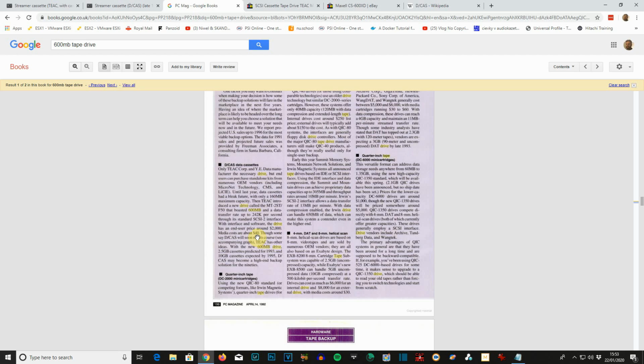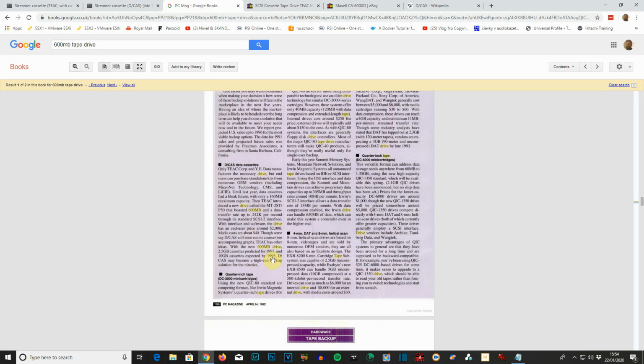So if you think about it, is $40 for this streamer tape charged because it's a streamer tape and you've no choice, or is it because they are really super high quality? Because $40, to be fair, in 1992, when most of us have PCs with like 200 meg hard drives in, to be able to back up 600 meg for $40 is not a bad price. But they were saying they could have 2.5 gig for 1993 or 10 gig for 1995.